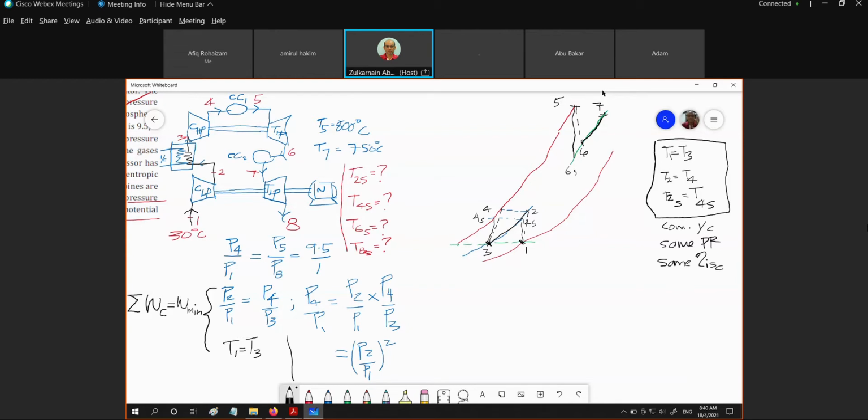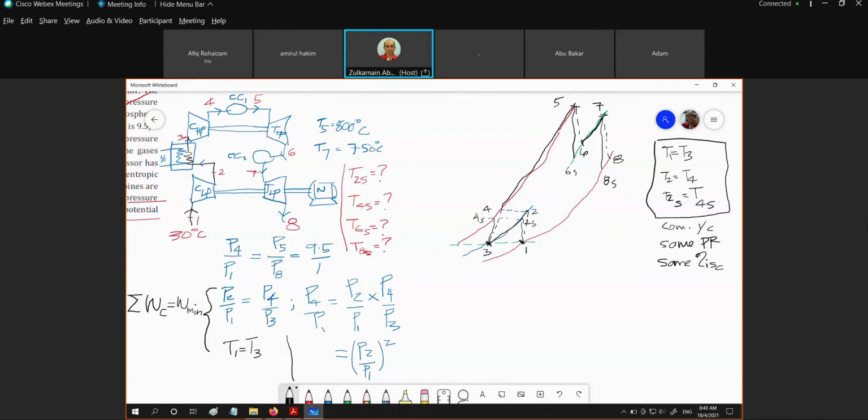And then we have our second expansion process, isentropic 8S, actual expansion with isentropic efficiency. So this is 8. Right? So look here, the beginning of the heat supply at combustion chamber number 1 is from 4 up to 5.